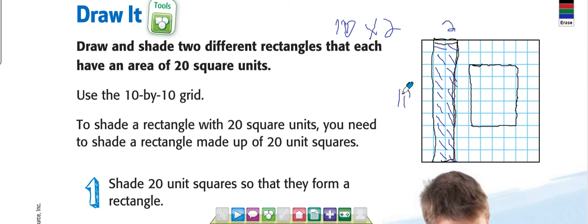And here again, I have 4 across and 5 down. 4 times 5 is 20. Counting again, 20. So those are your rectangles, each with an area of 20 square units.